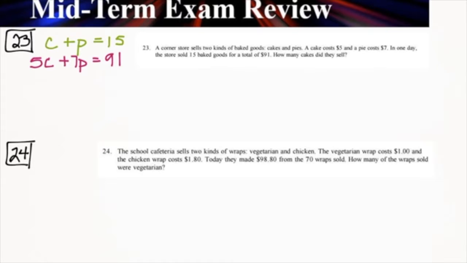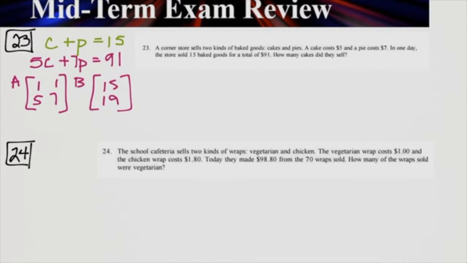Okay, now it is perfectly fine if you use a matrix for this problem. So if I did that, I would do matrix A would be 1, 1, 5, and 7, and matrix B would be 15 and 91.